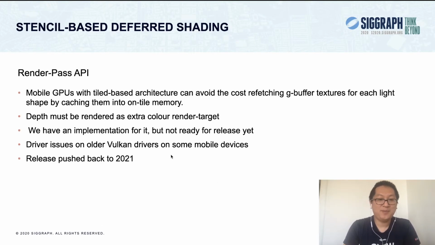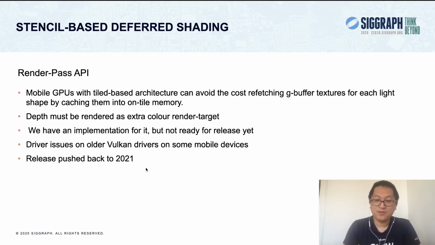So about the render pass API. Mobile GPUs with tile-based architecture can avoid the cost of reading GPU textures for each light shape by caching them in on-tile memory. And that must be rendered as an extra color render target for performance reasons. We do have an implementation for it, but we are not ready to ship it.